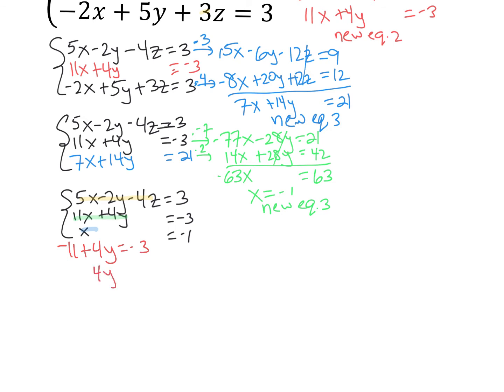So 4y is going to equal 8, or y is going to equal 2. And now we'll find z. So we have 5x, so 5 times negative 1 is negative 5, minus 2 times y, which is 2, negative 4, minus 4z equals 3. Negative 9 minus 4z equals 3.